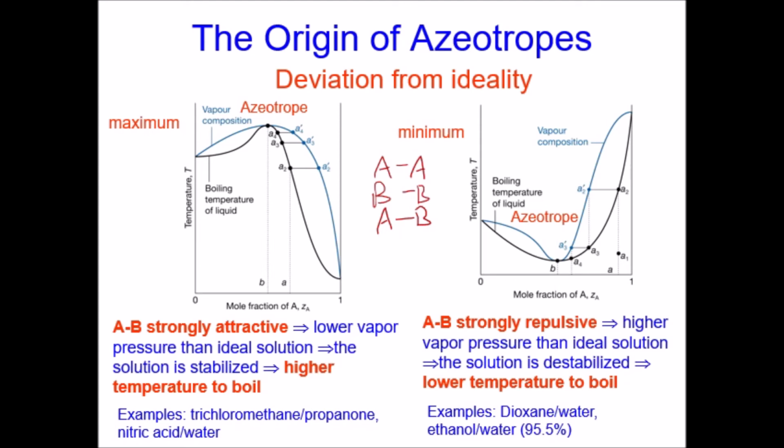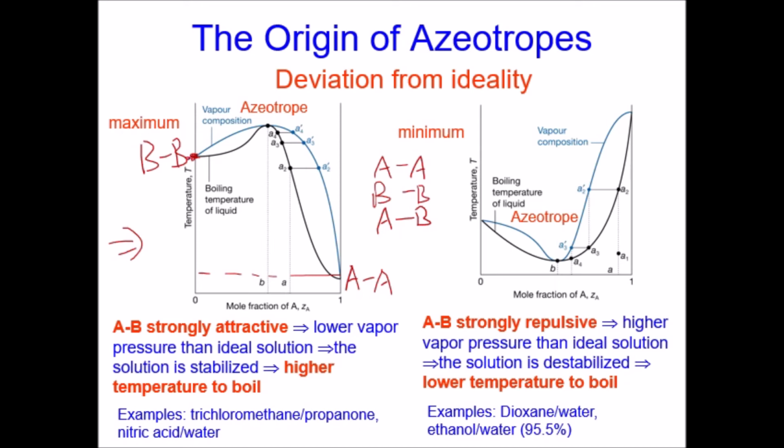Okay, so let's look at the first phase diagram. On the right side is pure A, so you have A intermolecular interaction, and this is the temperature when the molecules have enough kinetic energy to escape from the interaction and become gas phase. And on the left side is pure B, so you have B intermolecular interaction, and the interaction is stronger, so you need a higher energy, higher temperature, to escape and become gas phase.